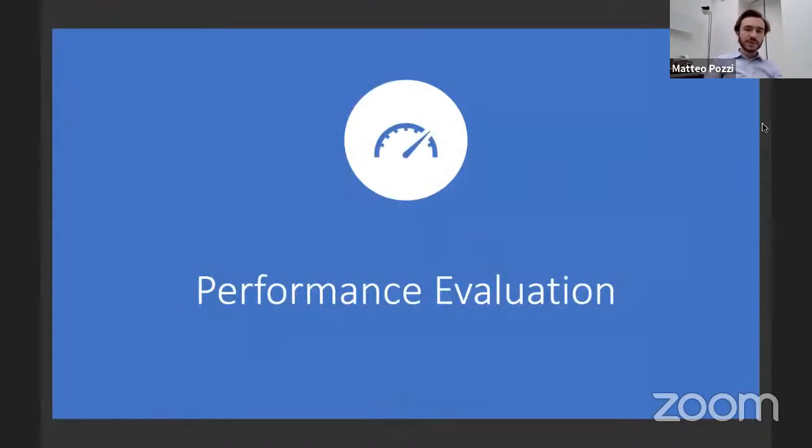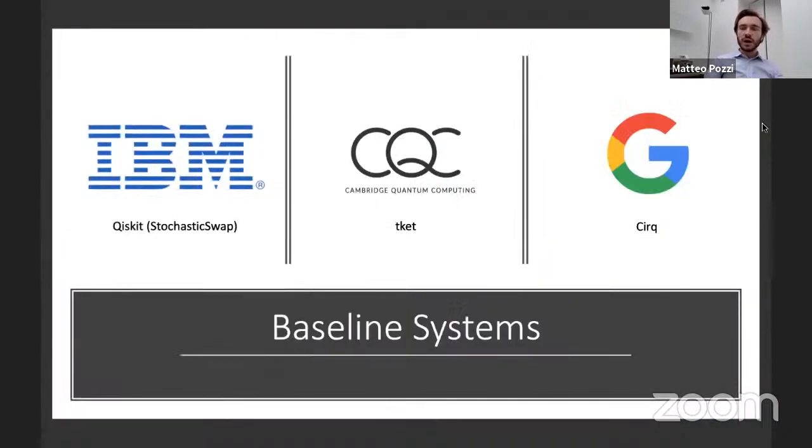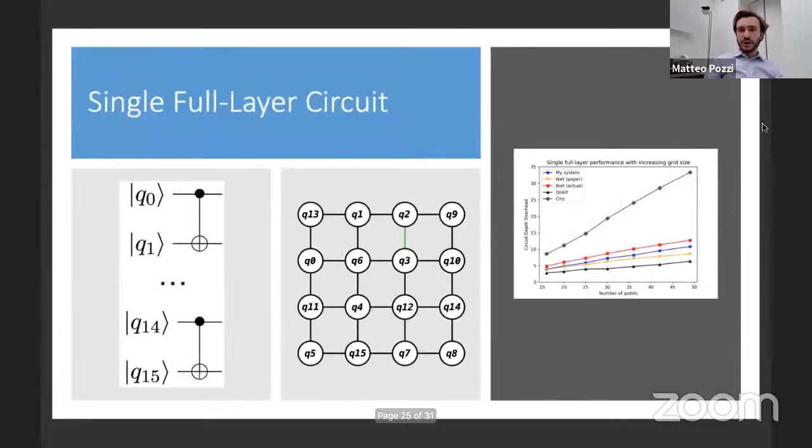So in terms of the performance evaluation of the system, in the paper we take a look at comparing against Qiskit, specifically the stochastic swap algorithm from IBM, Ticket as well from Cambridge Quantum Computing, and Circ as well, which is something provided by Google. So the first idea is the single full layer circuit.